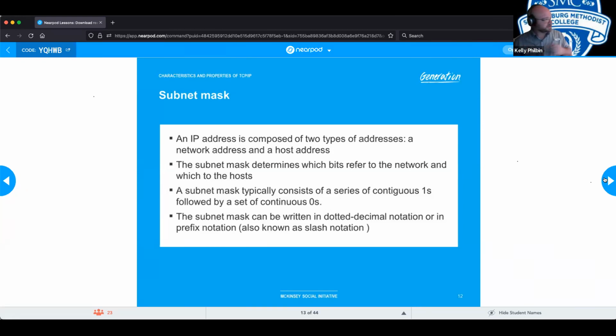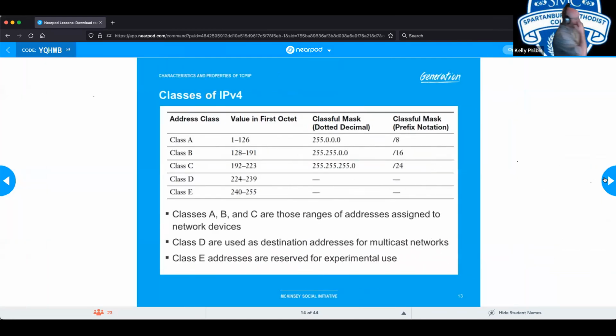All right. We'll show the various notations, which here we go. You have your class A, B, and C. Those are your primaries. Class D and E. D is used for multicasts. So if you're setting up multicast with a company where, say, you're going to have a board meeting where you're going to talk to X amount of people, they would be given a specific address where they could watch.